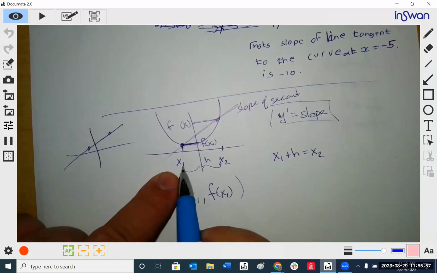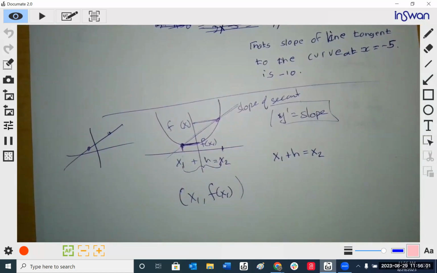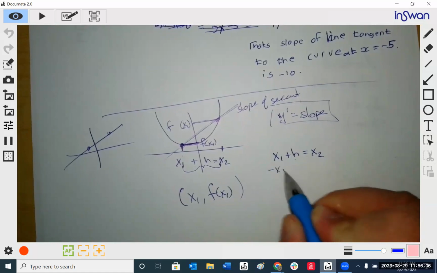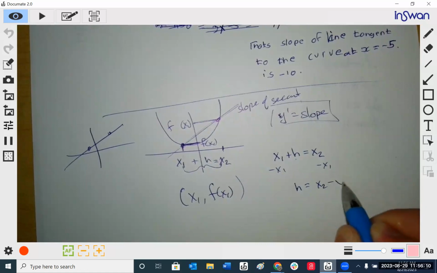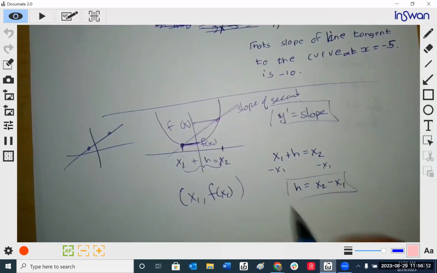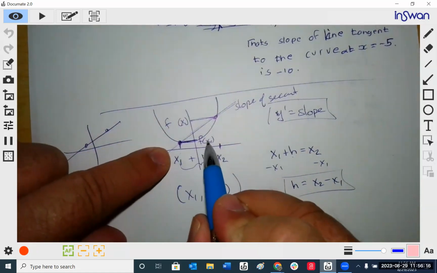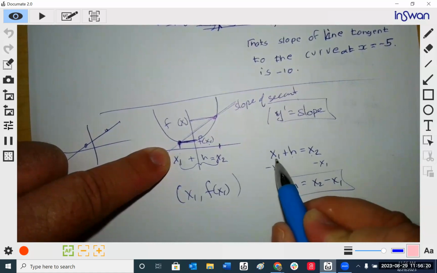So if I go from x1 and I add h, I get x2, right? So that means h is x2 minus x1. Same thing here. Now anywhere I see an x2, I put an x1 plus h.